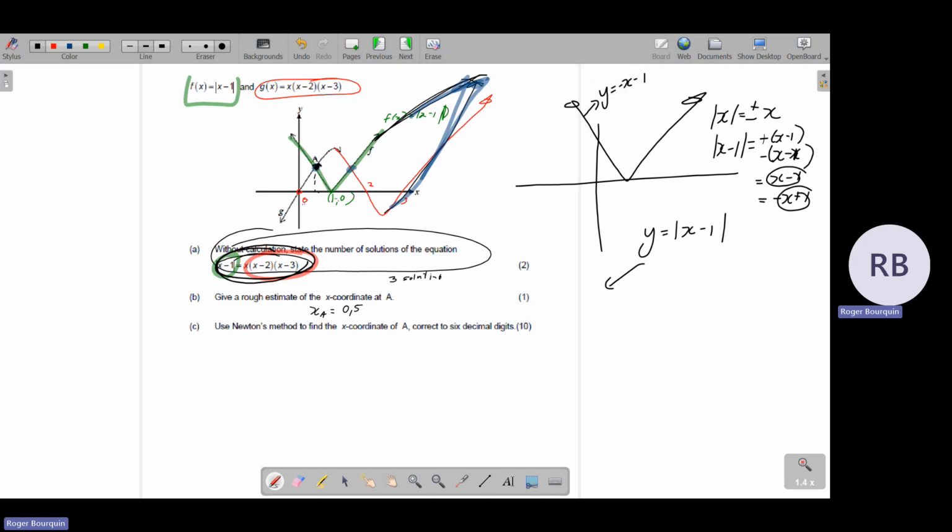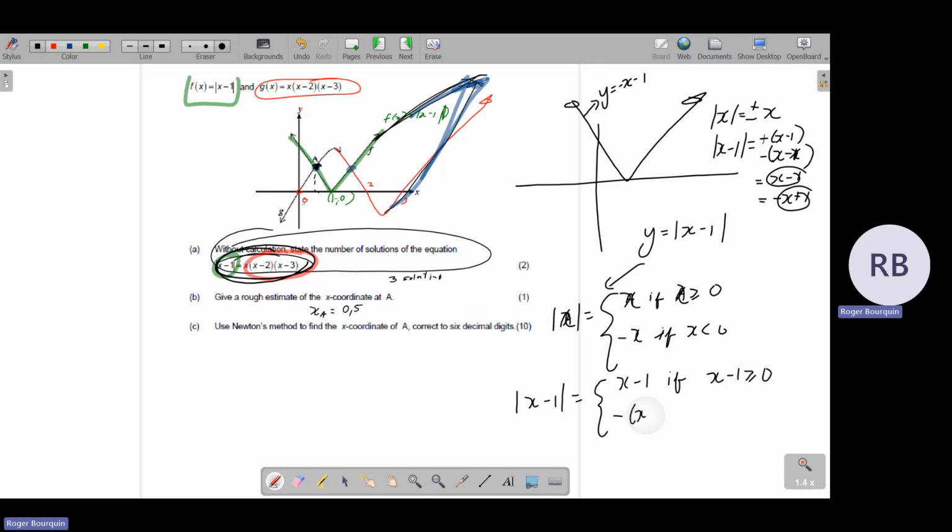If you wanted to use the definition, remember the definition of absolute value: the absolute value of A is equal to A if A is bigger than or equal to 0. So the absolute value of x minus 1 is equal to x minus 1 if x minus 1 is bigger than or equal to 0, and it's equal to negative x plus 1 if x minus 1 is less than 0.